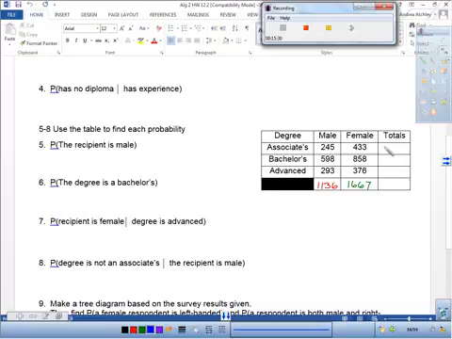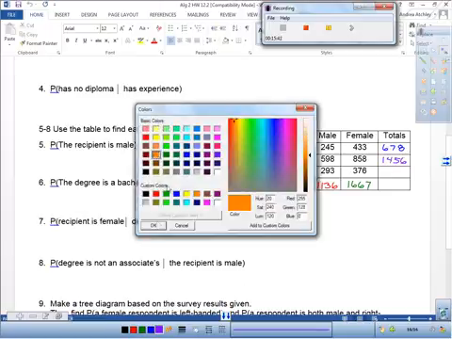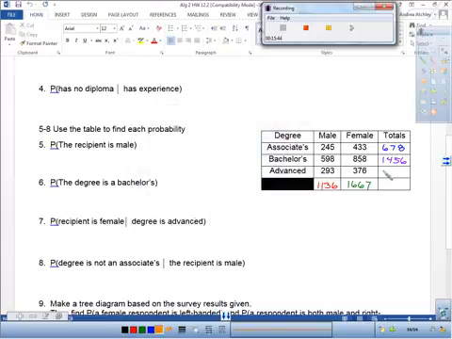What's this here? 1, 4, 5, 6. And my total?